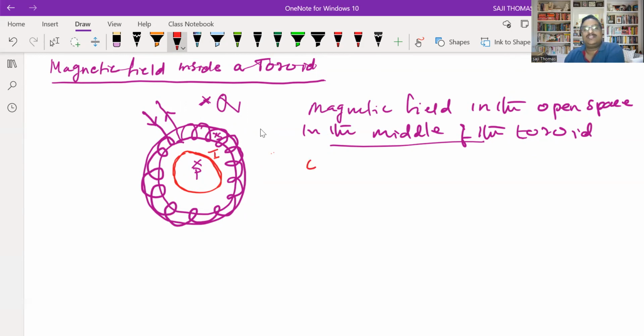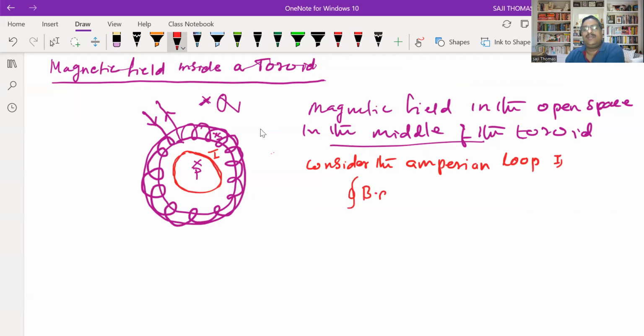So consider Amperian loop 1. What is the formula?